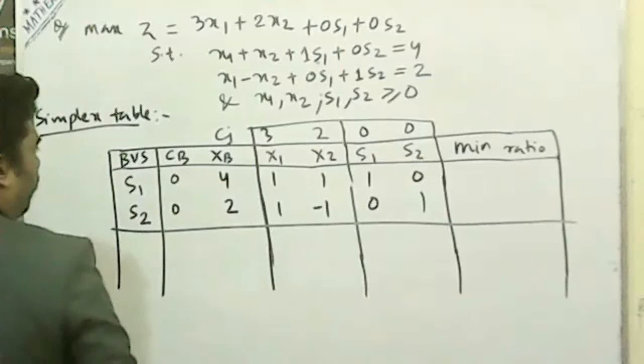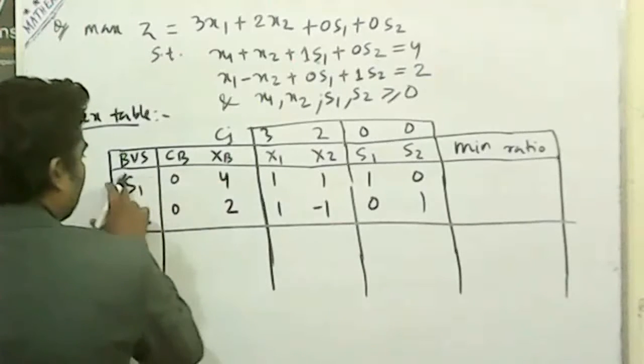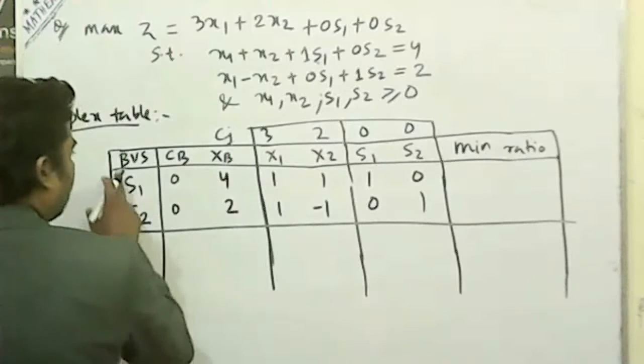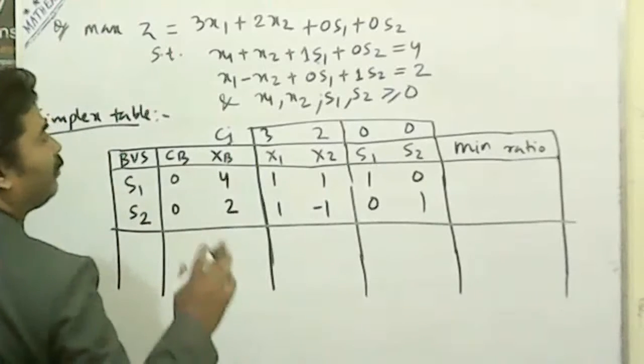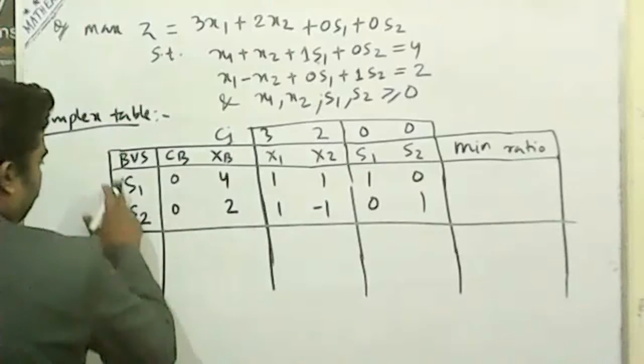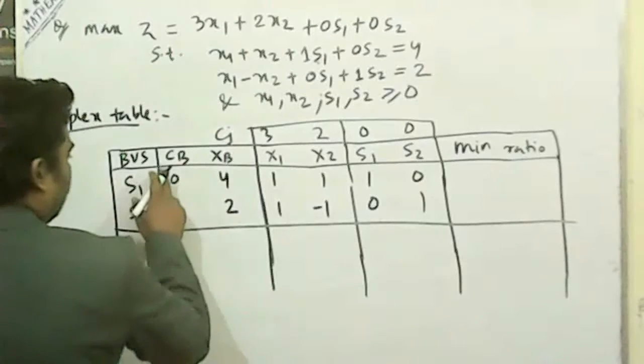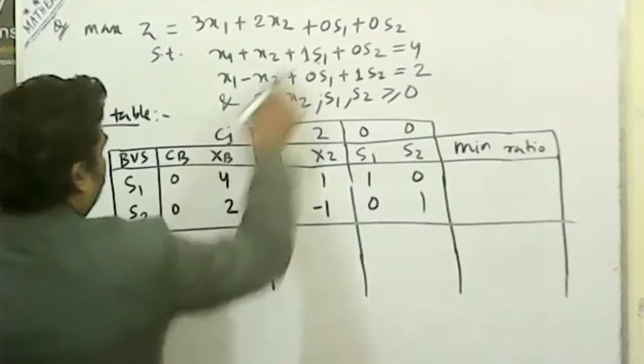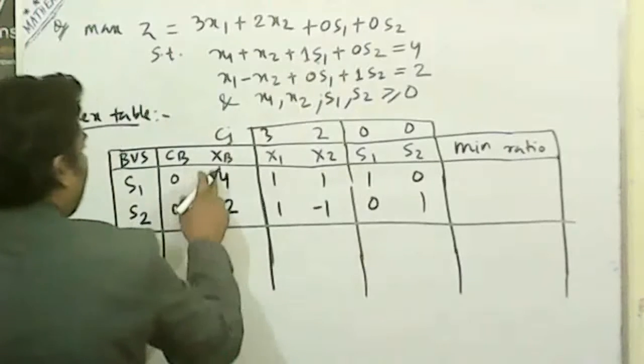Simplex table. Here the slack variables S1 and S2 are the initial basic variables, and CB, the slack variable cost values, are 0, 0.